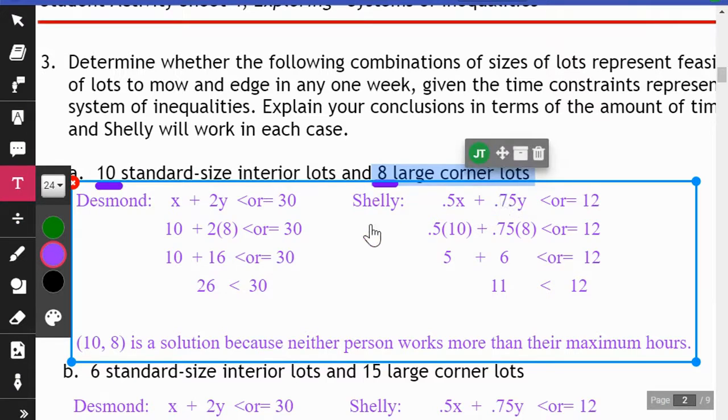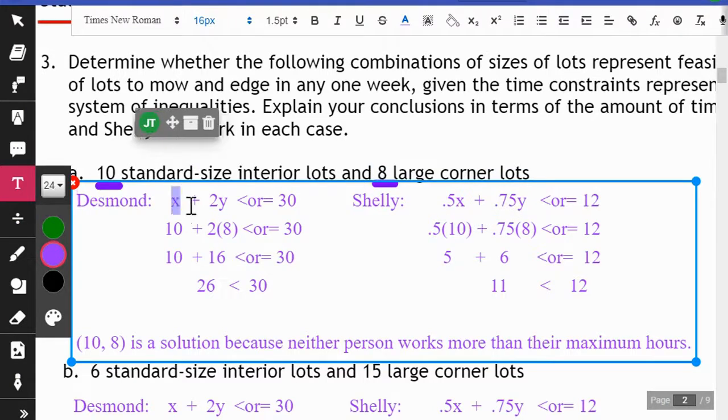Does that work for them? Well, all I have to do is make X be the small lawns and Y be the large lawns in each of my inequalities. So I've got x plus 2y, because it takes 2 hours to do a large lawn. That's 10 hours for the small lawns. And for 8 large lawns, that's 16 hours. So a total of 26 hours is less than 30. So that works for him.